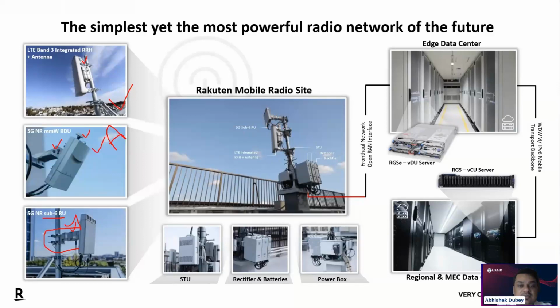Again, this is a multi-site, multi-frequency deployment. This site is with LTE integrated with the RU and antenna, and on top of that, we have deployed the 5G sites. So that is how you can also plan for your network. Maybe one site could work for both your 4G and 5G.